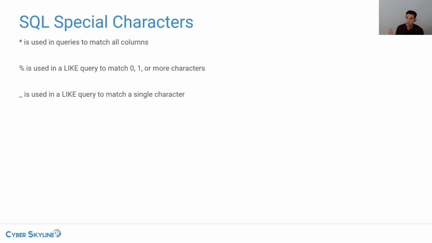It's kind of like a wildcard in the sense that you can match nothing or as many additional characters as necessary. There's also the underscore, which is very similar to the % sign, but it will specifically only match one character. We'll see this come into play later today. I just wanted to give you a heads up about what these mean. You don't have to know it right now.